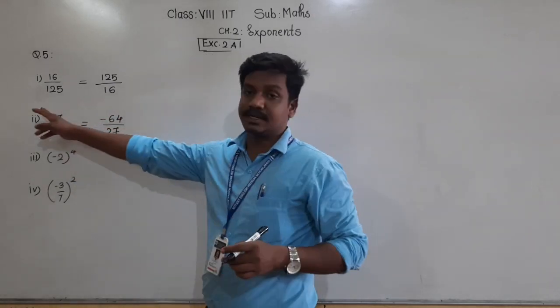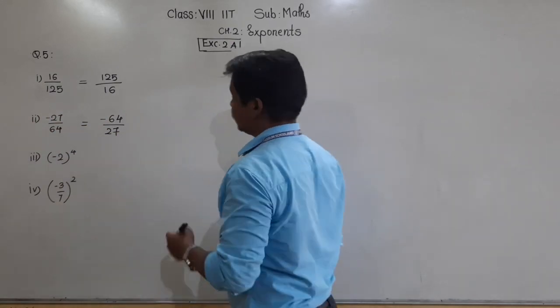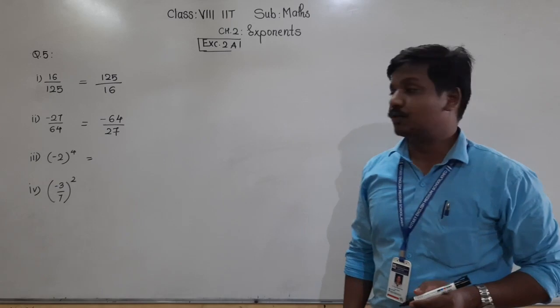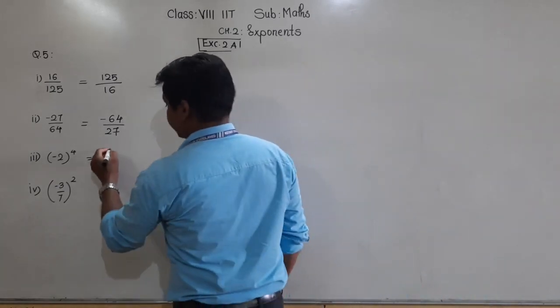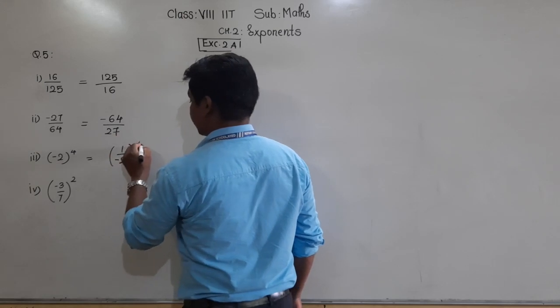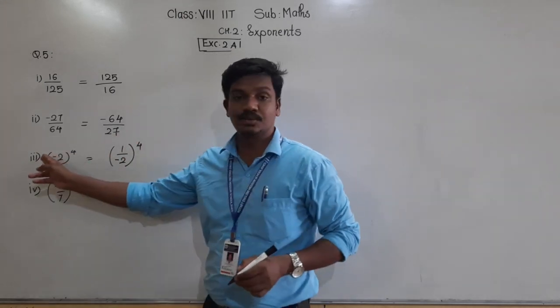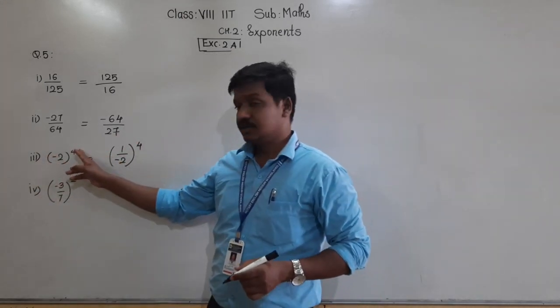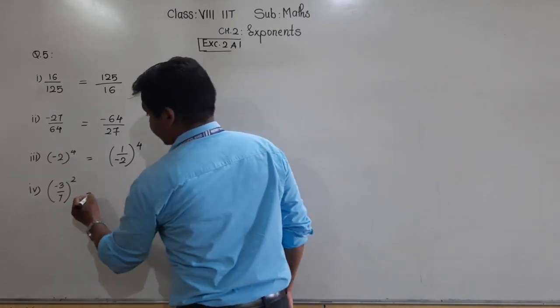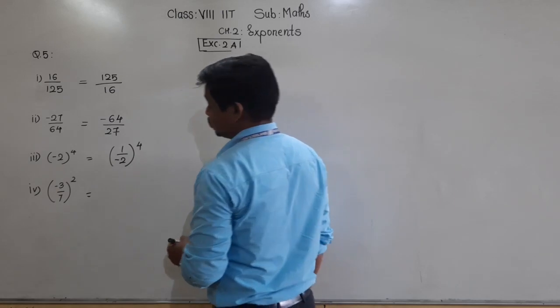This minus sign you can give to the numerator or denominator. It's okay. Minus 2 raised to the power 4. Here it will be like this: 1 upon (minus 2) raised to the power 4, because this minus 2 has denominator 1 and this 4 belongs to 1 also. Okay. And here (minus 3 by 7) raised to the power 2.